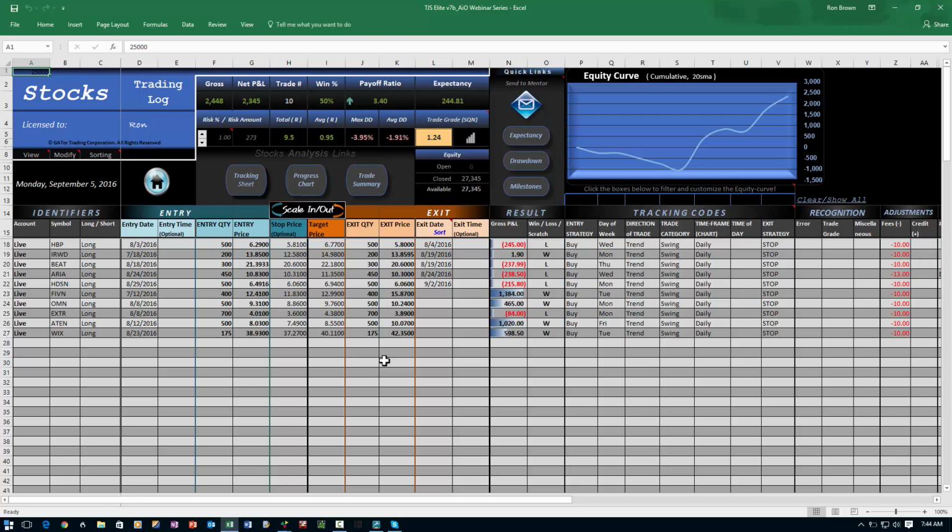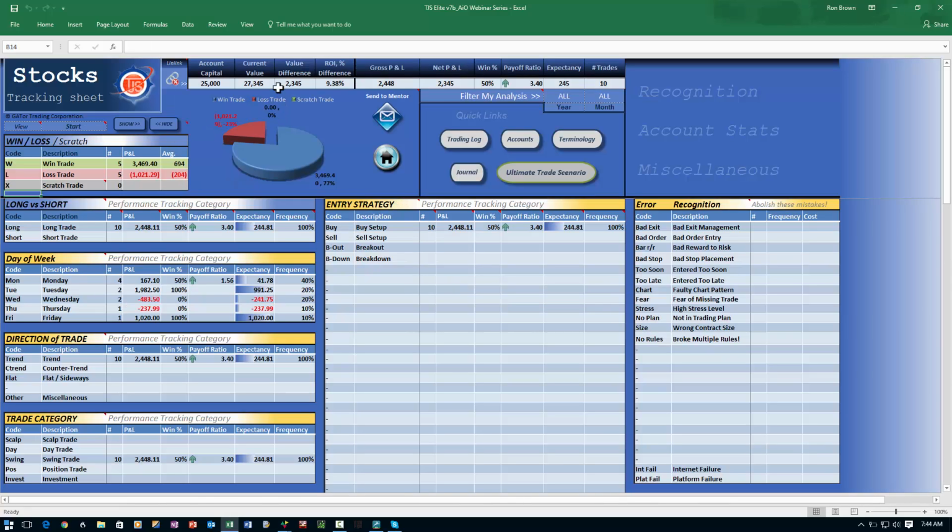Now, I'm not going to get into that approach at all here. That is for the webinars, but I do want to show you that if I go to the tracking sheet, the actual return on equity over that time period is 9.38%, and that number is right up here. Here's the gross.